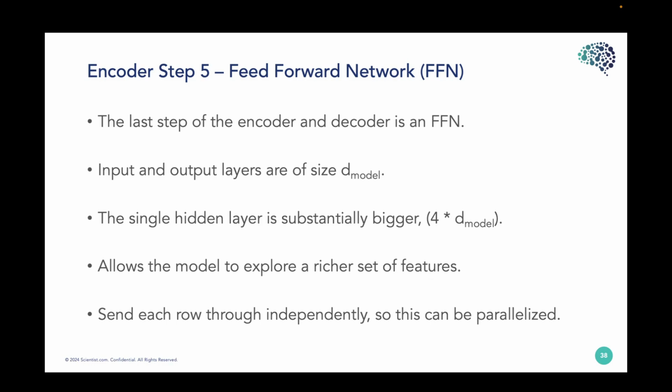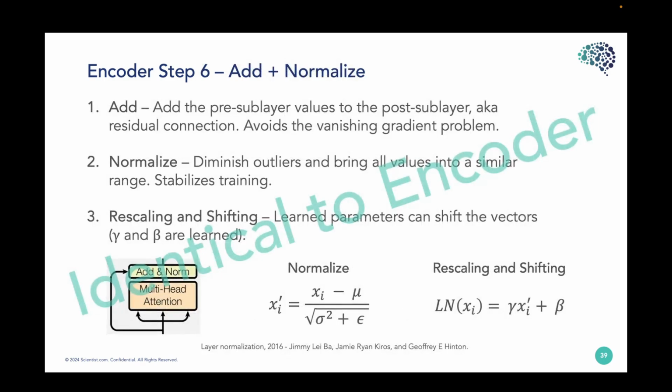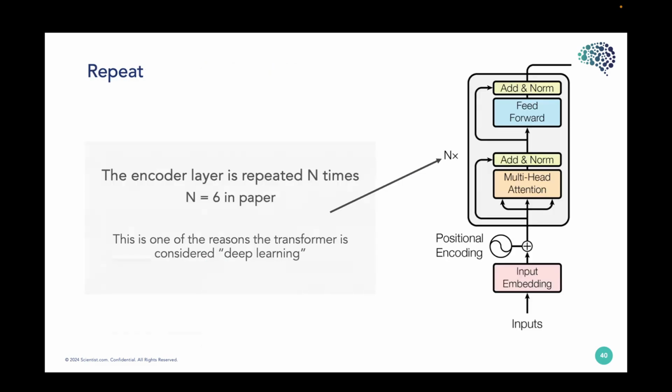And this feed forward network is, again, moving all of these vectors through meaning space, or changing the meaning space around them is another way to think of it. And then you add and normalize again, just smooth those changes out. Don't let anything be too extreme. And that's your encoder.